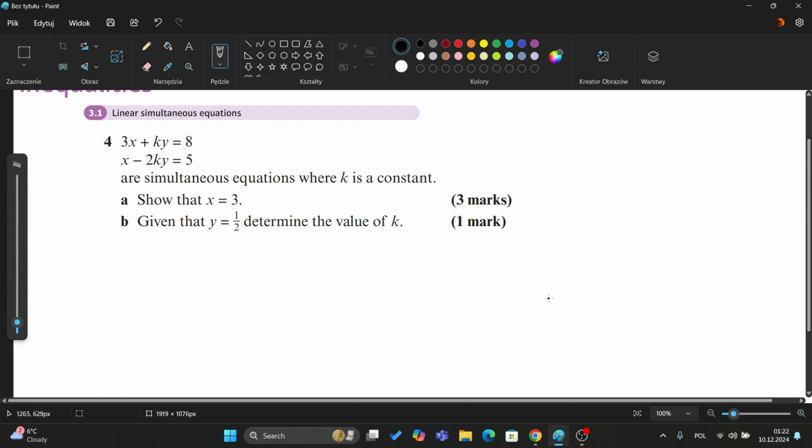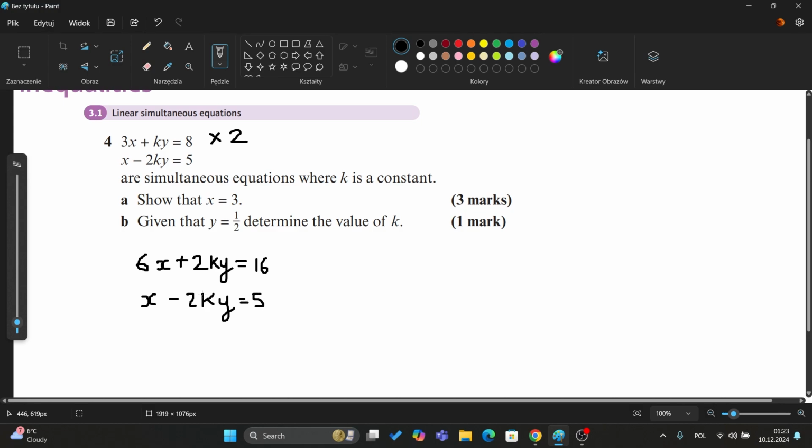So here we got two simultaneous equations for which k is a constant, and we have to show that x is equal to 3. Here we can actually eliminate the ky by elimination, and what we can do is multiply the first equation by 2, so that 6x plus 2ky is equal to 16, and that makes it so we have 2ky's.